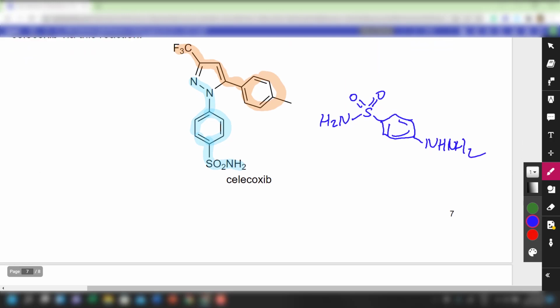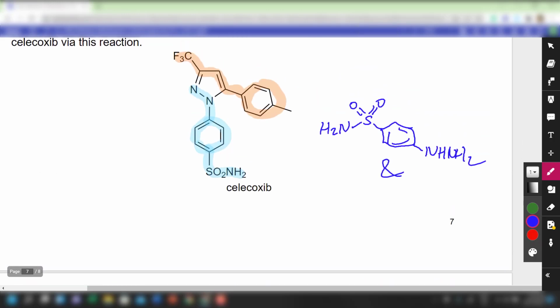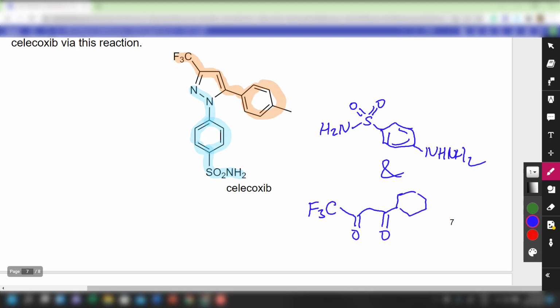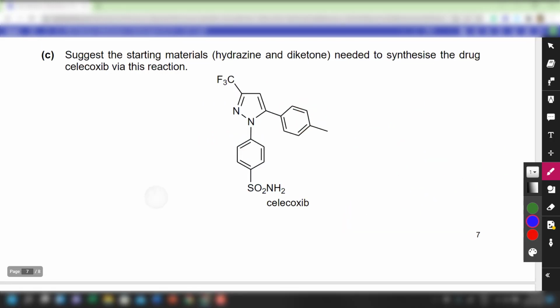And then I will also need the diketone. So the diketone will be the trifluoro diketone, and then a diketone here, and then a phenyl ring, and then a CH3, something like that.